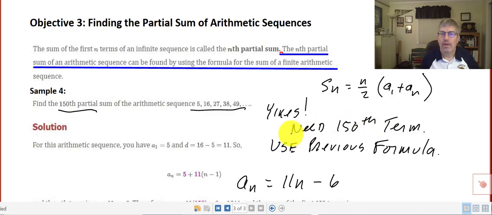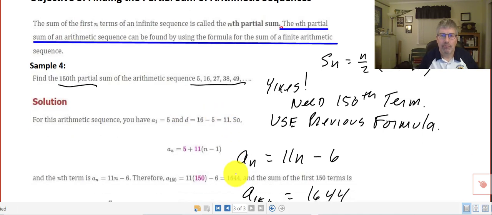So in order to do that, we'll use our previous formula. We see that our a sub 1 is 5. The first term is 5. Our difference is 11. Substituting into our formula, we get 5 plus 11 times n minus 1, and we get a sub n equals 11n minus 6.